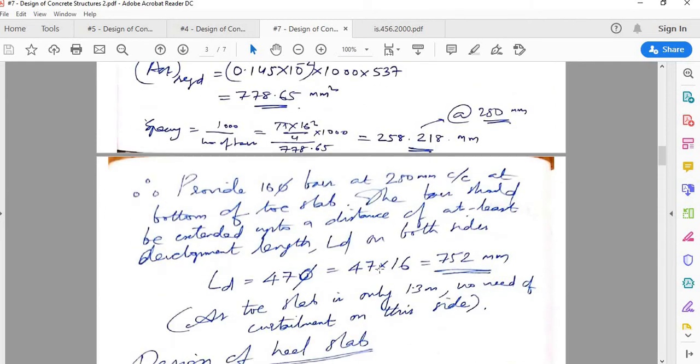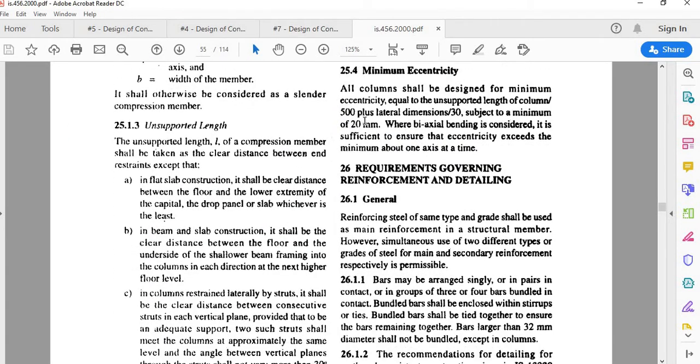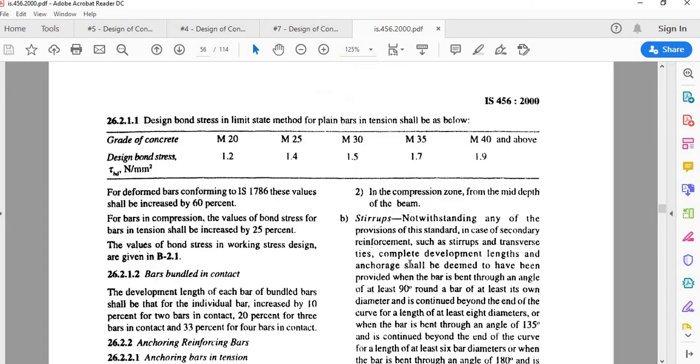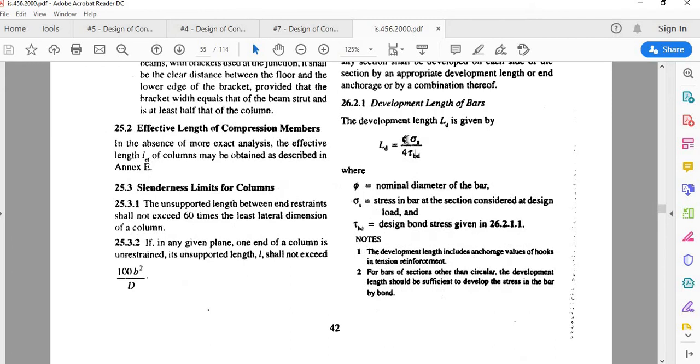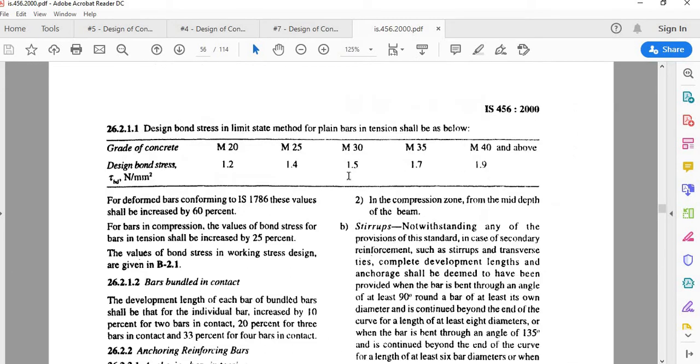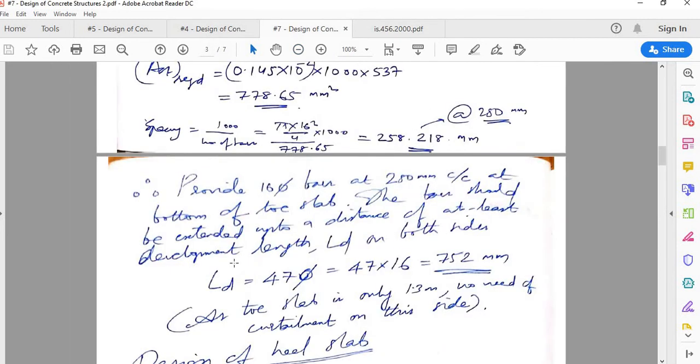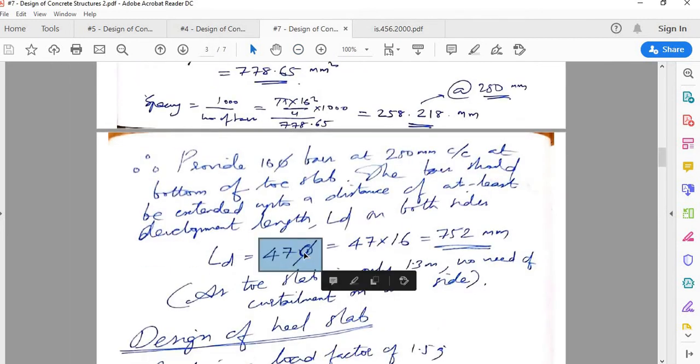Now you have to check for development length. I have the clause open. So development length, you know that it is this formula. We are seeing that for 415 grade steel and the grade of concrete which we are using, the development length is 47 times bar dia. We saw the same thing when we did the footings. So you will see 47 times bar dia in many places.